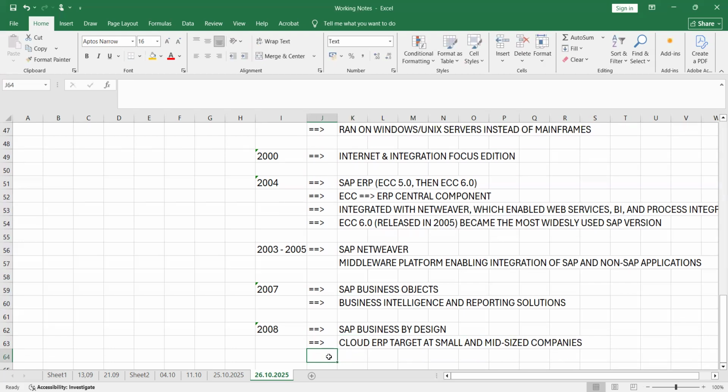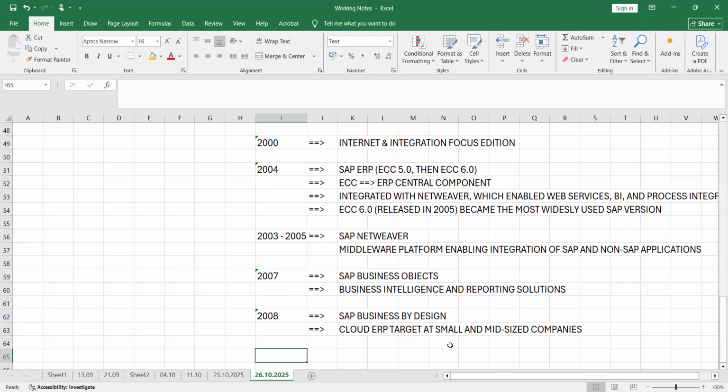From 1970 to 2007, there was no solution for small companies or mid firms. But in the year 2008, SAP came up with solutions for mid-sized companies as well as small companies.